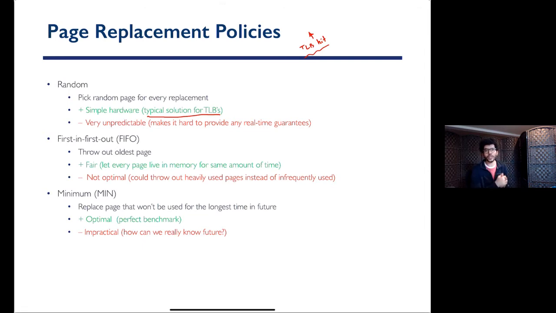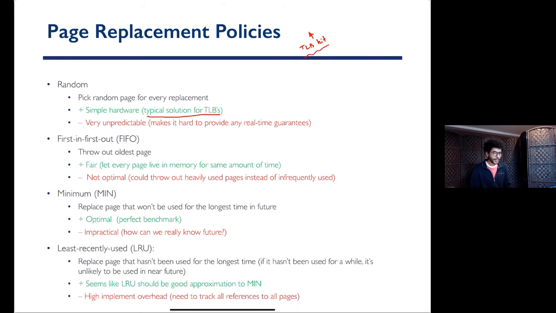If I know the trace, then I can run MIN on it, and then compare that with other policies and see how good they do. Now, the one that usually is used in practice is called least recently used.